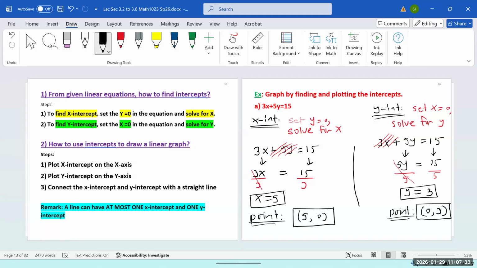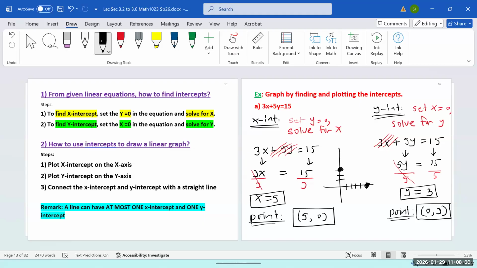5, 0, y, okay. Let me put it a little bit to the left. So our x-intercept is 5. 1, 2, 3, 4, 5 here. Our y-intercept is 3. 1, 2, 3 here.